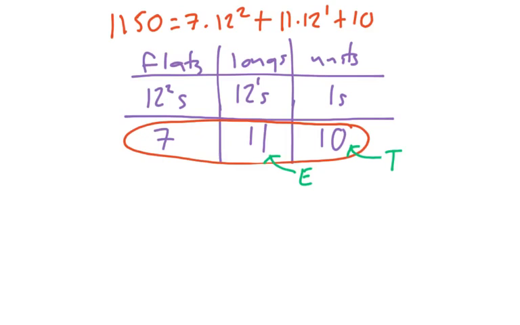T for 10, E for 11. So the way we actually have to write this number is 7ET, and that would be our number in base 12, reading it straight off of the table of powers of 12 or units, longs, and flats.